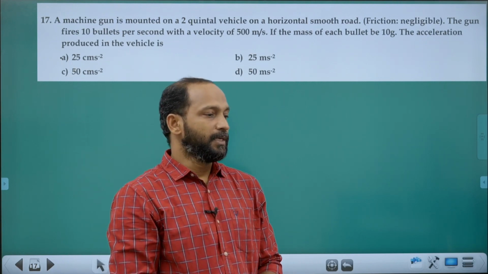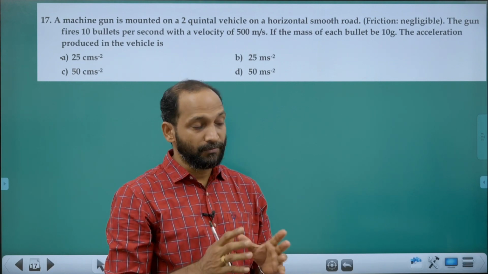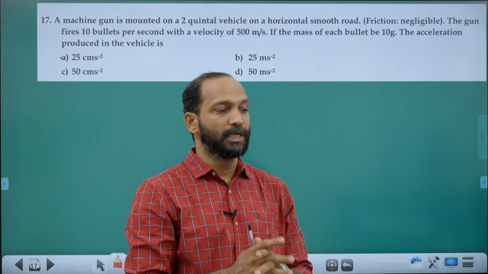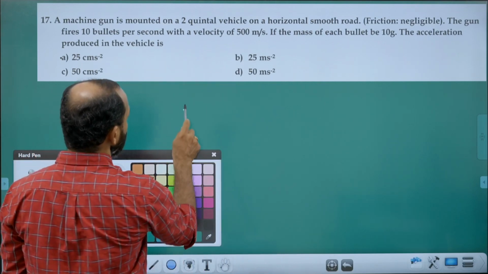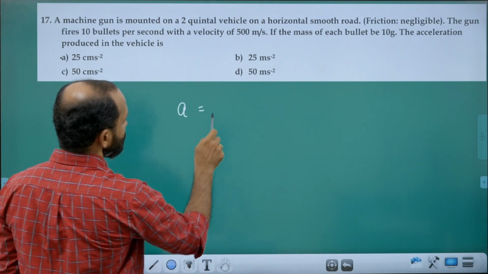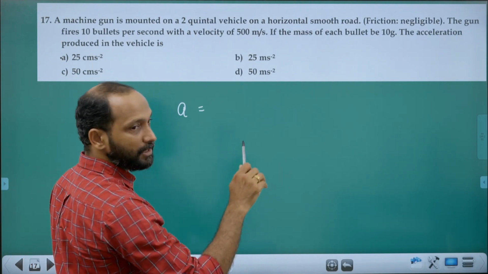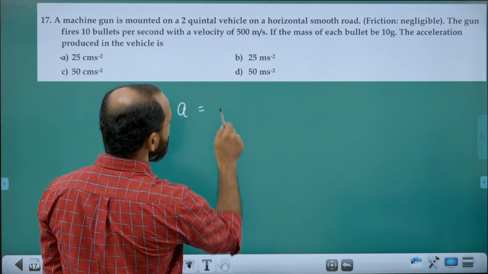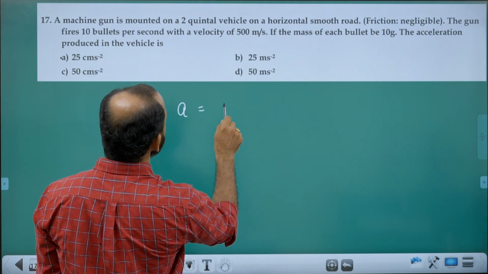17. A machine gun is mounted on a 2 quintal vehicle on a horizontal smooth road. Friction is negligible. The gun fires 10 bullets per second with velocity 500 meter per second. The mass of each bullet is 10 gram. Acceleration of the recoiling vehicle is equal to net force divided by mass. Net force is the change in momentum of the bullets by time. What is the change in momentum of the bullet?